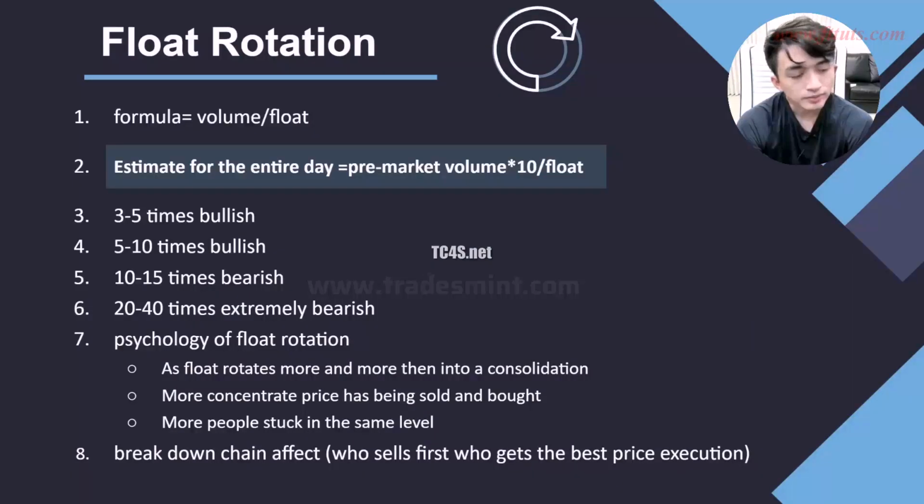If you see a ticker that's running up significantly or is speeding up into a parabolic and the float rotation exceeds 10 times, up to 40 times, that means the stock is still bullish. They're not bearish. As soon as they form a consolidation, that's considered to be bearish. So this is a big difference.